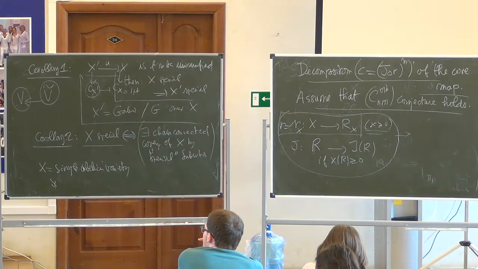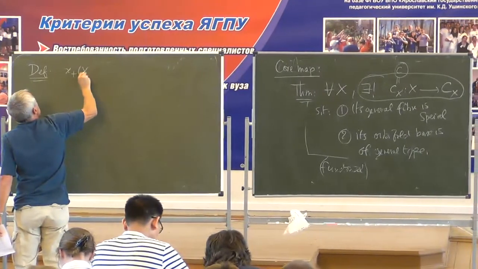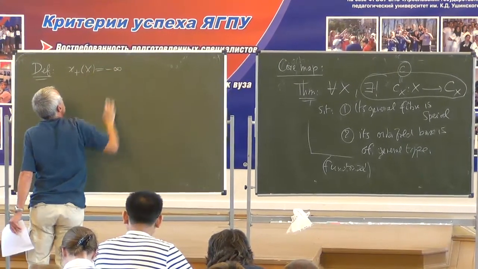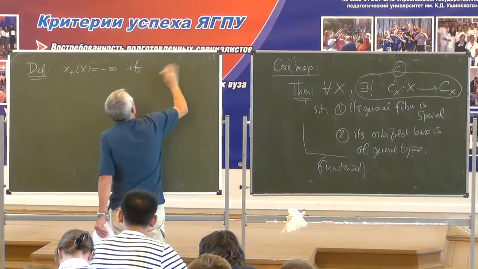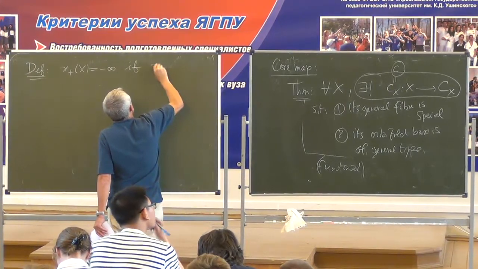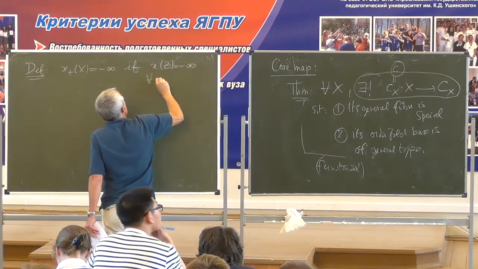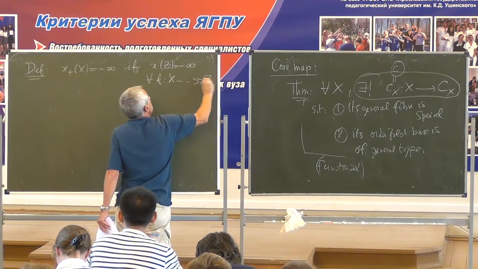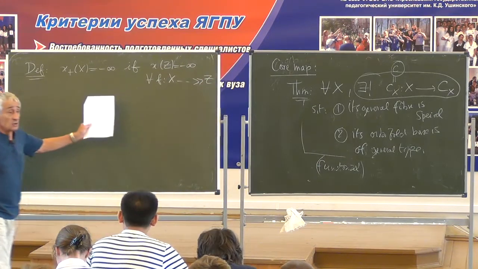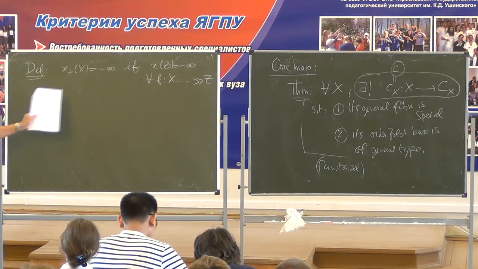Let me give a first definition: kappa plus of X is minus infinity if kappa of Z is minus infinity for any rational map f from X onto Z.